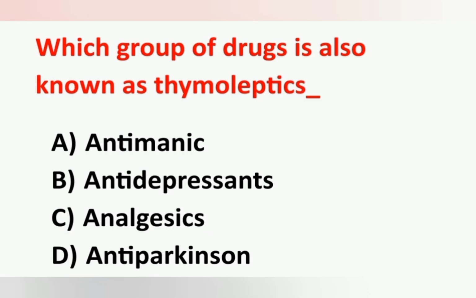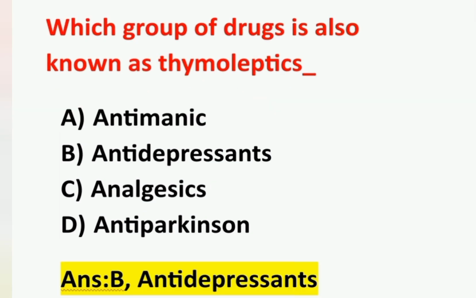Next question, which group of drug is also known as thymoleptics? Option A, anti-manic; option B, antidepressants; option C, analgesics; and option D, anti-Parkinson's. The correct answer is option B, antidepressants.